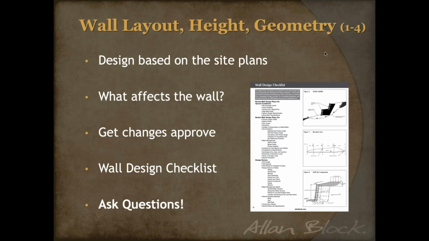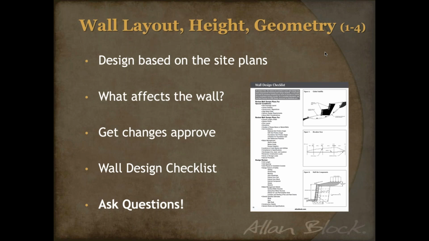Another example of why it's important is if we see on the site plans there's a parking lot below the wall, we might have to bury more block to account for that, so that when that parking lot is excavated, the bottom of our wall doesn't get dug out. So again, it's really important to see all of that. And anytime we have to adjust our wall after we see these site plans, we have to make sure we get it approved by the owner.